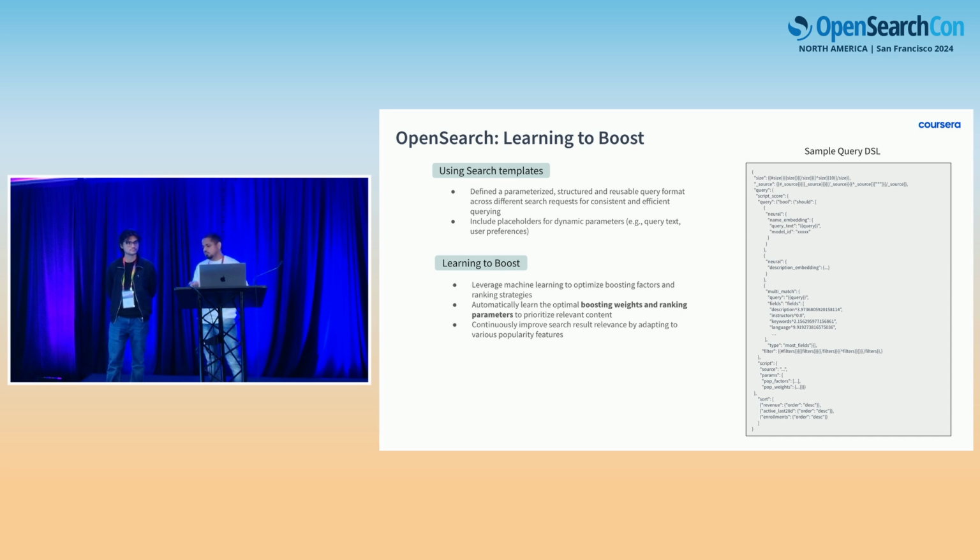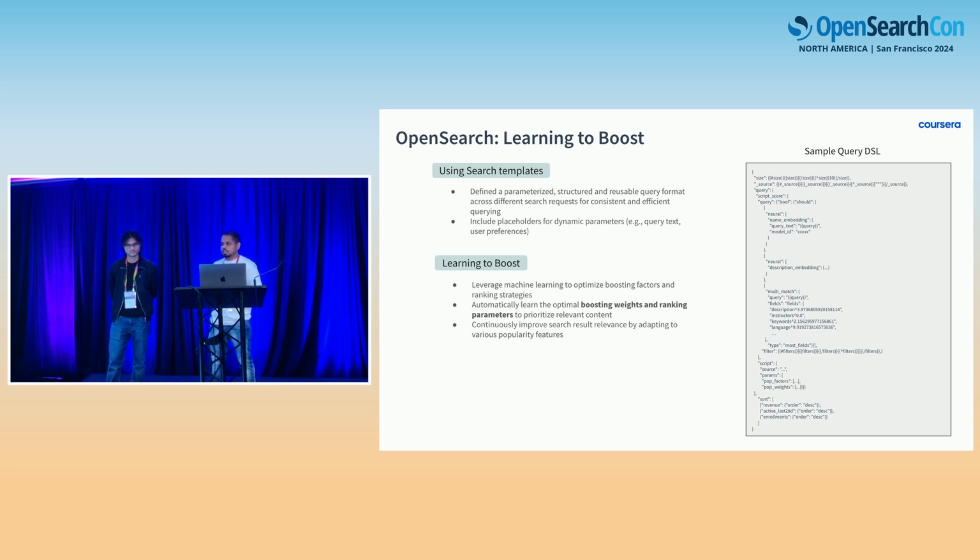An important factor here is called learning to boost. So how do we identify? As you can see in the multi-match query, there are boosting values defined for different fields of the documents, which means which field will be checked more or less for a search query for matches. And these boosting values are actually decided by our ML model during a process called light ranking.